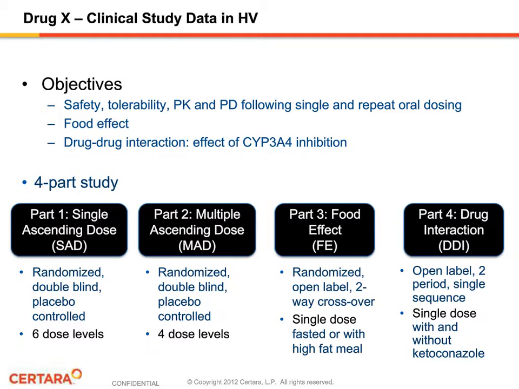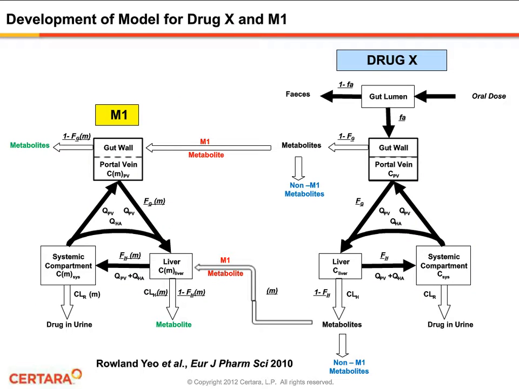So at this point, obviously we need to build in the metabolite, and this is the model that was used to build the PBPK model. You can see here we've got the parent drug and the different compartments, and on the left-hand side we've got the metabolite. Obviously, because the metabolite is formed by 3A4, it will be formed in both the gut and also the liver.